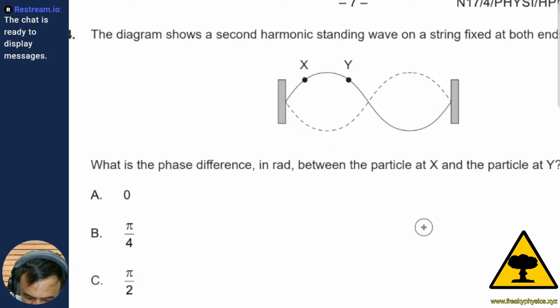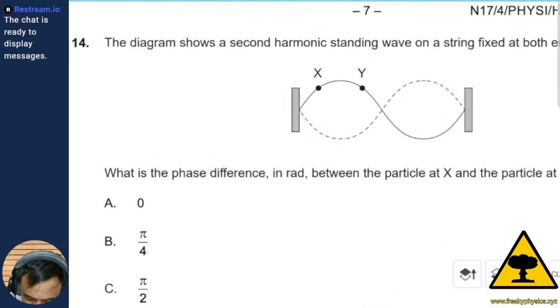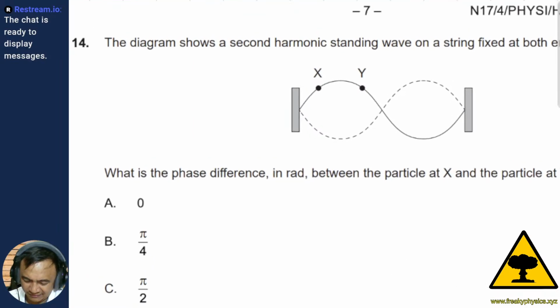If you really think about this carefully, phase difference is just saying how much ahead one particle is compared to the other in terms of their oscillation. Because this is a standing wave, when this goes down, this also goes down, right? And when this goes up, this also goes up, right?